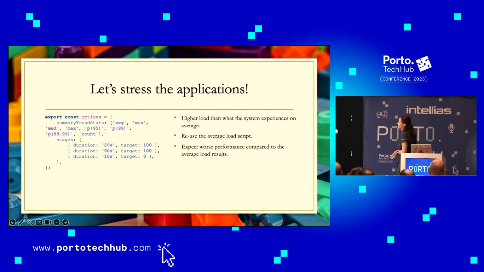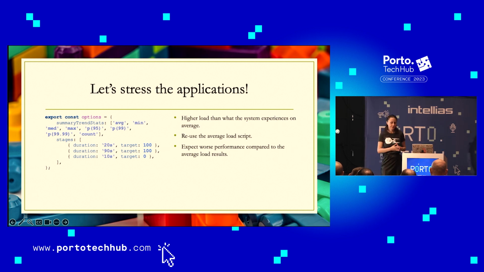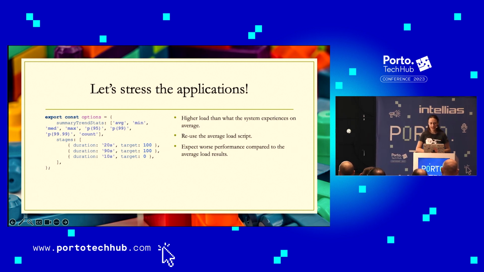So what I did, I stressed the application. To stress test an application, you have to change a few things. You need to apply a higher load than you experience on average. On average, I was using 80 users that were trying to do as much as possible. In my case, I said, okay, I want 100 users that do as much as possible, but not in the 15 seconds of ramp up that I had before.